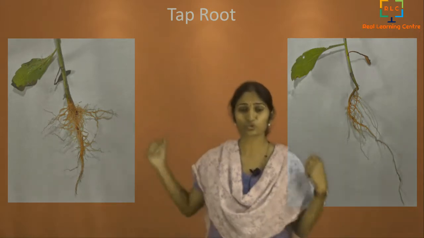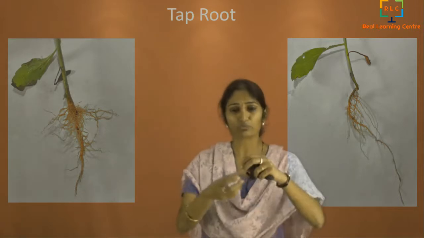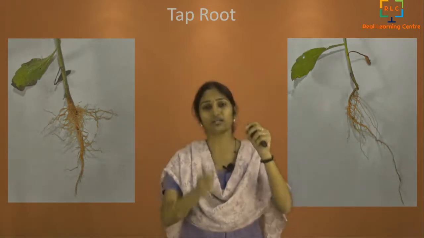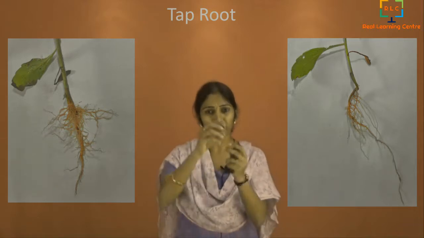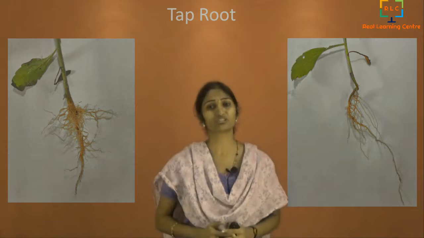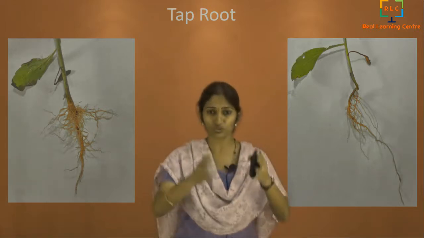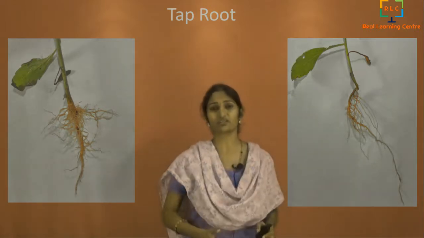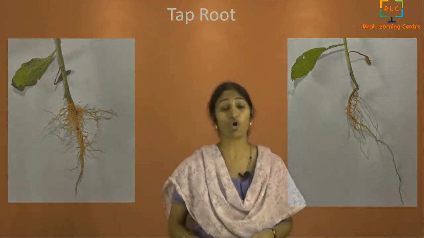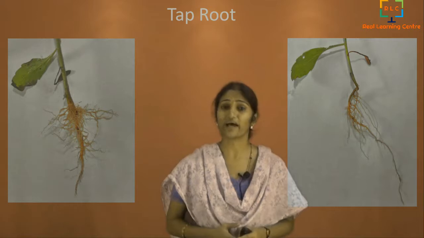If you observe these two pictures carefully, you can see that both of them have one very strong, very important and very basic structure in the center of the root system. This root which is at the center and is the tallest amongst all the roots, we call the primary root.